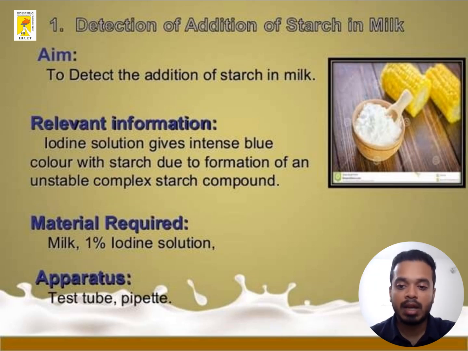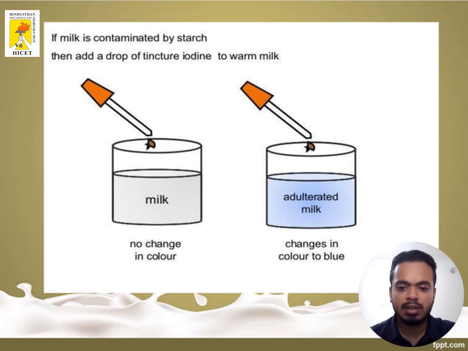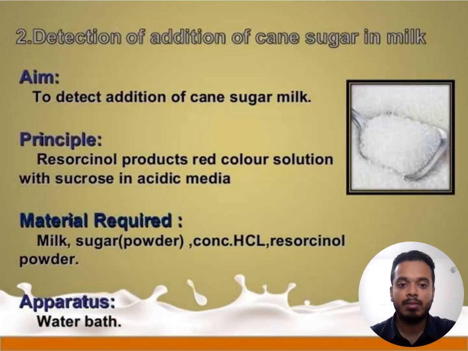So when you add iodine, if it turns blue, then starch is present. Materials required are milk and 1% iodine solution, and the apparatus is a test tube and pipette. You add the iodine solution to the adulterated milk. When it turns blue, then it is definitely adulterated with starch.